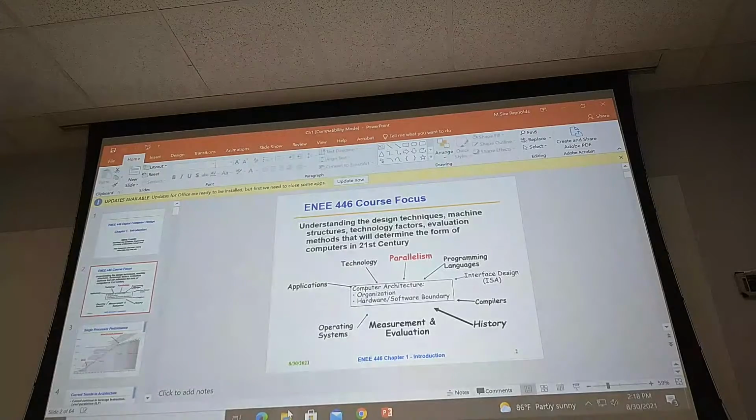So by quantitative analysis, we generally mean doing some simulation-based studies and taking measurements about how much execution time it takes, things like that. So in this chapter, we do talk a lot about quantitative design. Okay, now, so computer architecture deals with computer organization and the instruction set architecture. And there are so many things that affect these.